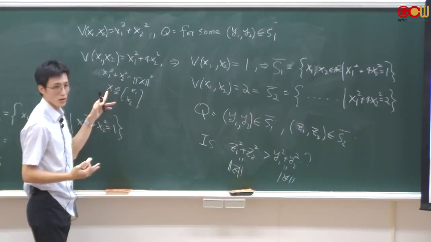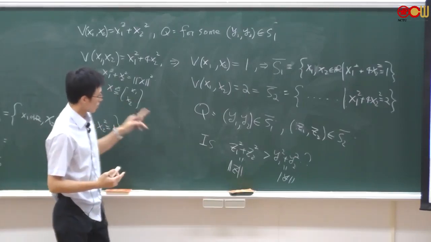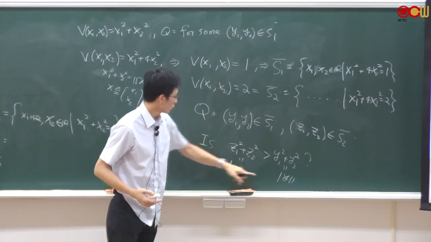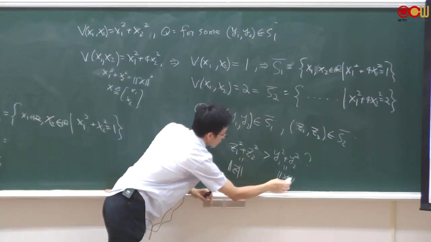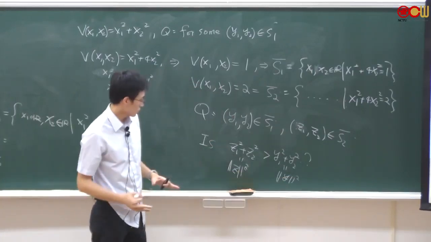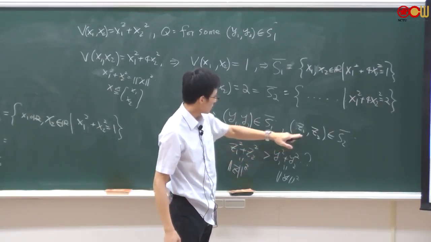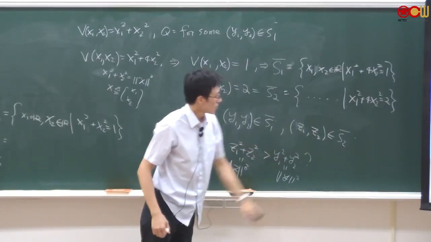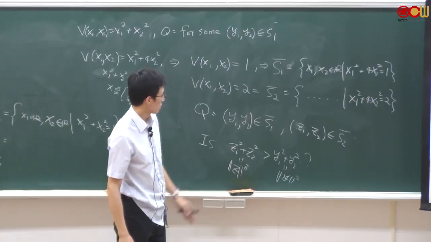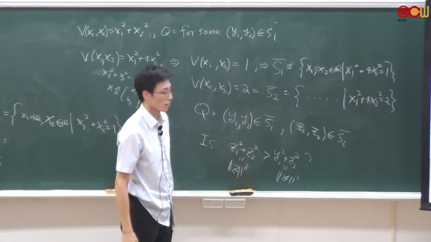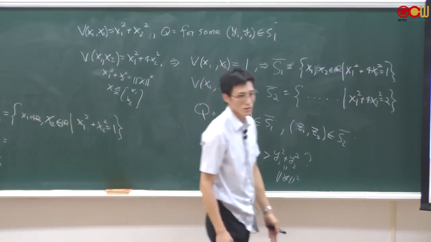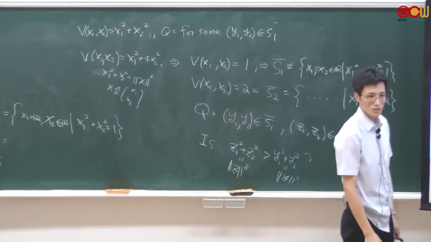So it's a vector function. And y1, y2, z1, z2 can be condensed to y and z. My question is, is this greater than this, given that z is in level set S2 and this is in S1? Is that true or not?